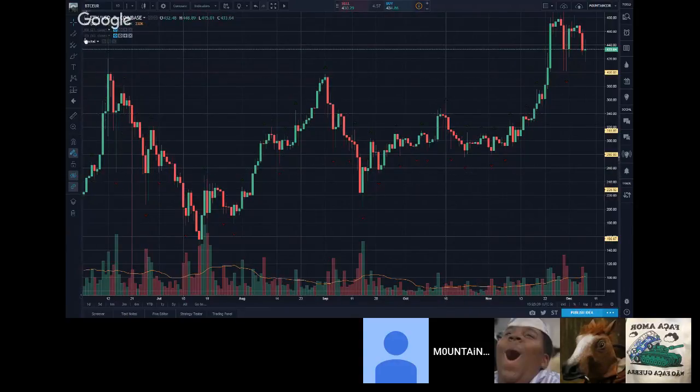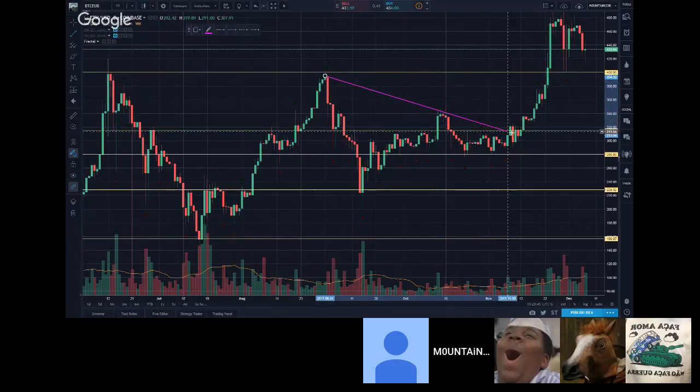Now, a couple other ways to find your wedges is to start drawing trend lines. So I might decide to draw a trend line from here down to here and see if that lines up. Let's get these to line up. And then I might come down here and say that line sort of goes up to there.